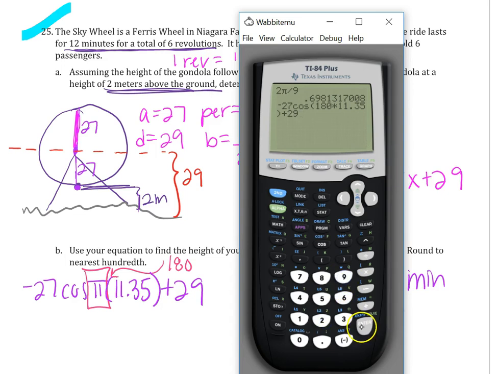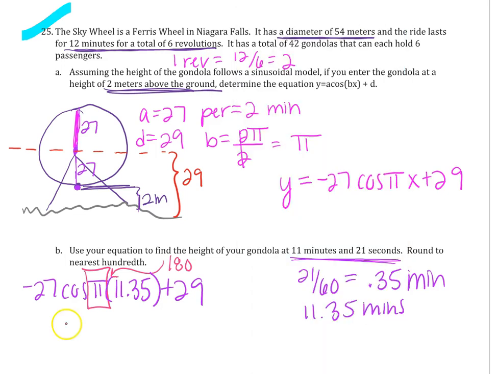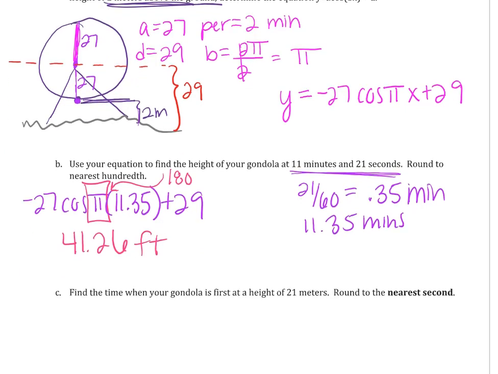Plus 29, and I've got 41.26. That's to the nearest hundredth. So you are 41.26 feet above the ground at that point. So you'd be somewhere above the midline.